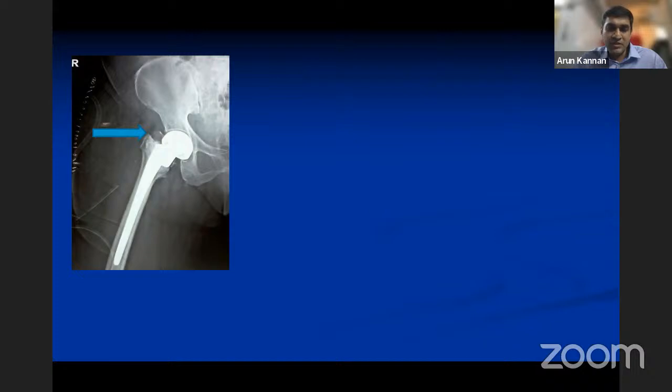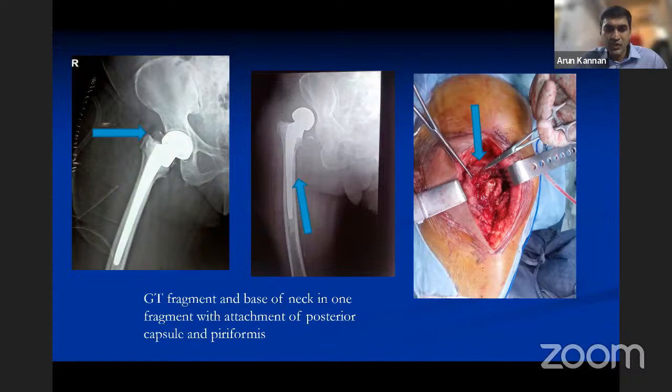This is how it looks on the immediate post-op X-ray, and this is how it looks at the time of dislocation. She dislocated several times in a span of 2 months.